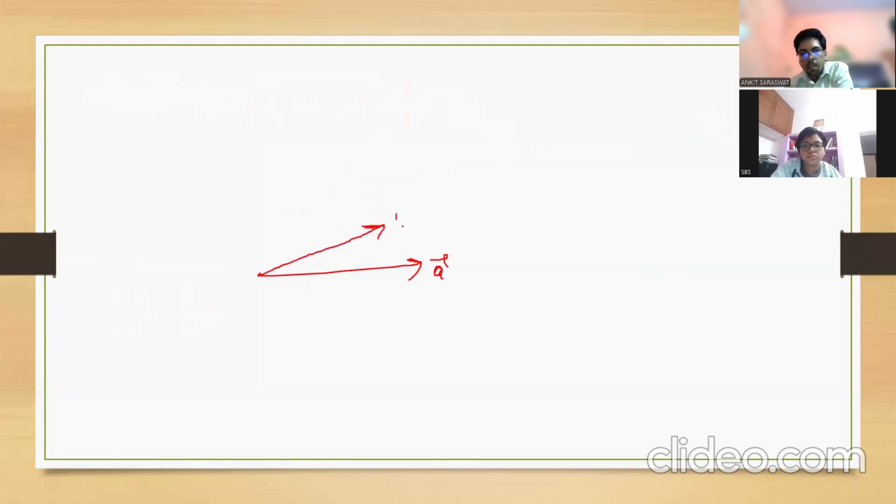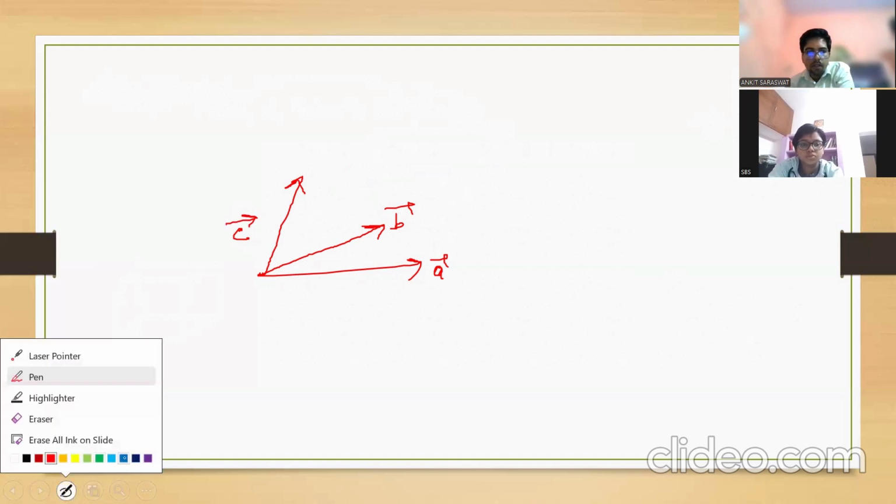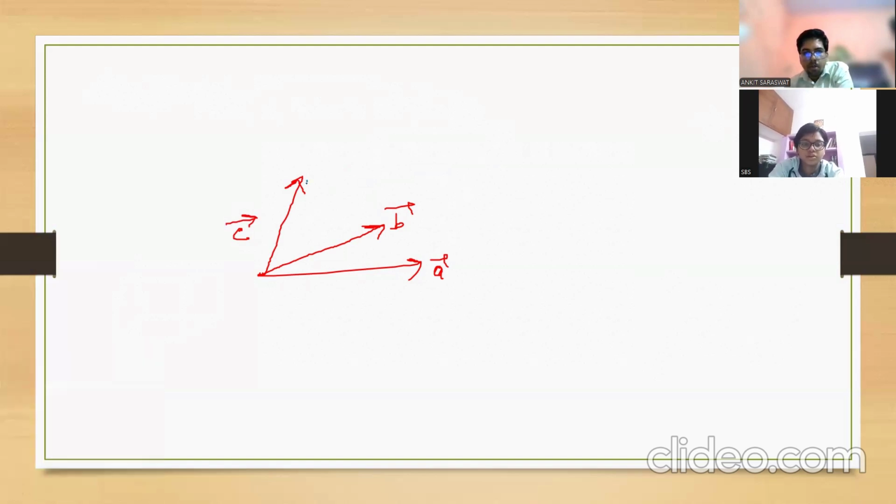If I drop a perpendicular from C on the plane in which the A and B vectors lie, this is the base.